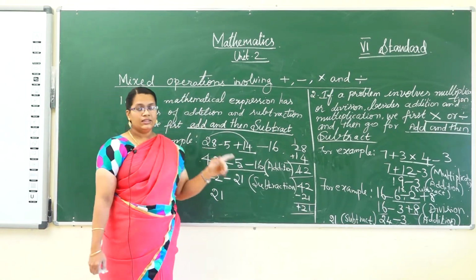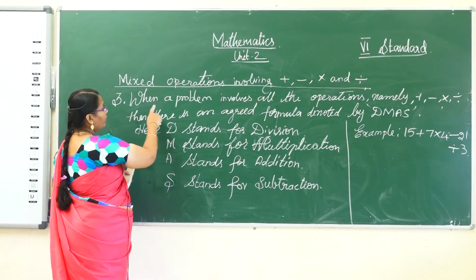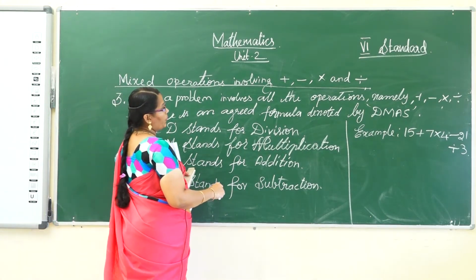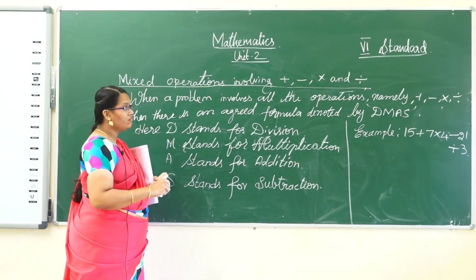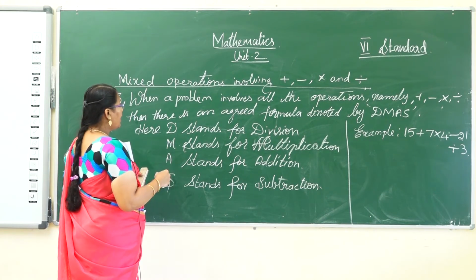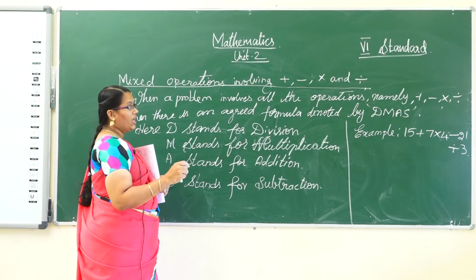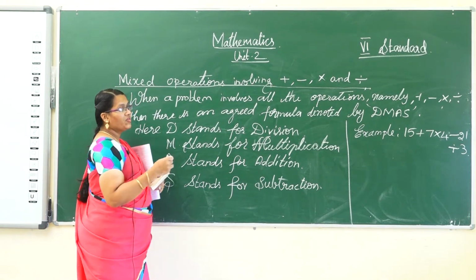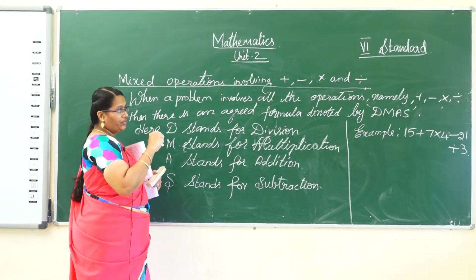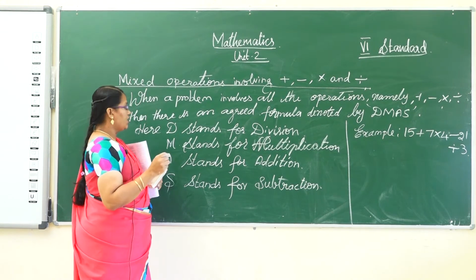Now see the third one. When a problem involves all the operations, namely addition, subtraction, multiplication and division, then there is an agreed formula denoted by DMAS. Before BODMAS, we learn DMAS.